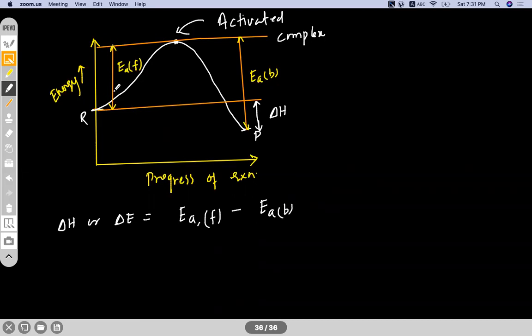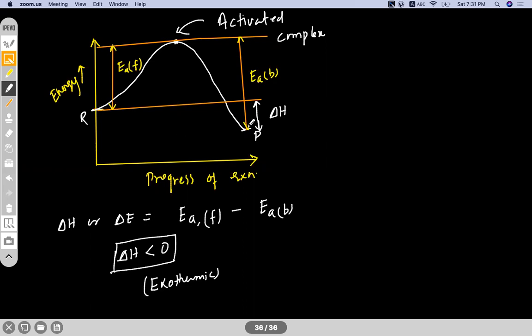Obviously, the activation energy for the backward reaction is more than this, so delta H or delta E comes out negative, and hence the reaction is exothermic in nature. So this graph is for an exothermic reaction.